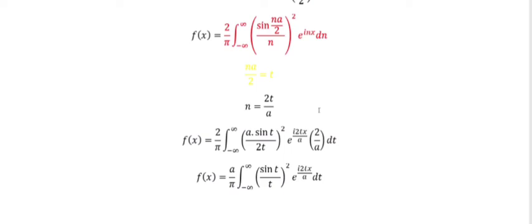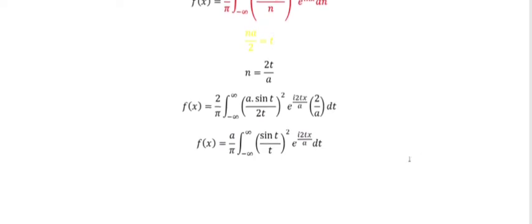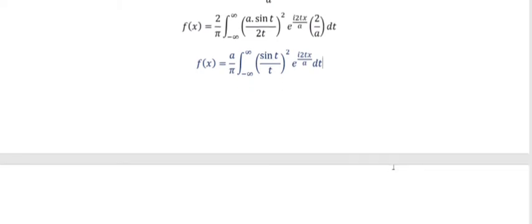If na by 2 is taken as t, then this equation modifies as f of x is equal to a by pi integral minus infinity to plus infinity (sine t by t) whole square e raised to I into 2tx by a dt.